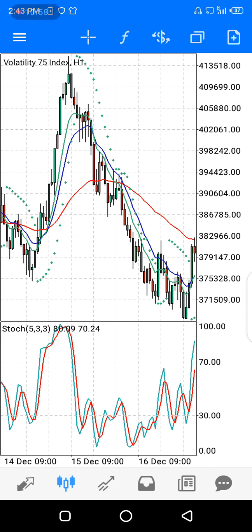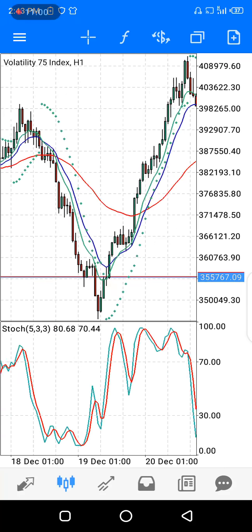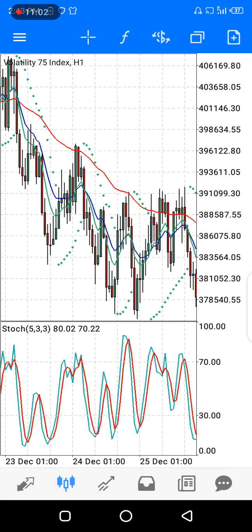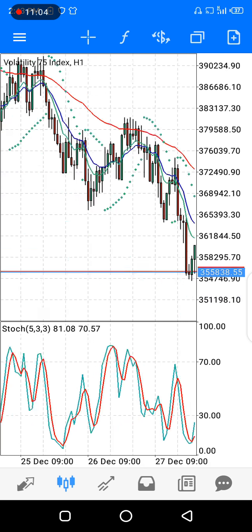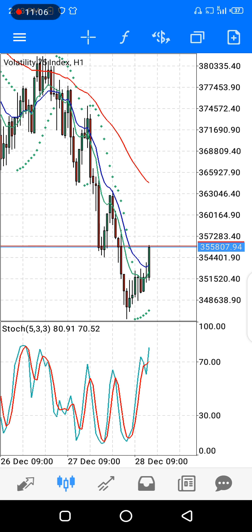Now, let's go to the sell entry. With a sell entry, the parabolic SAR must be above the candles, and the stochastic must also be above 70.